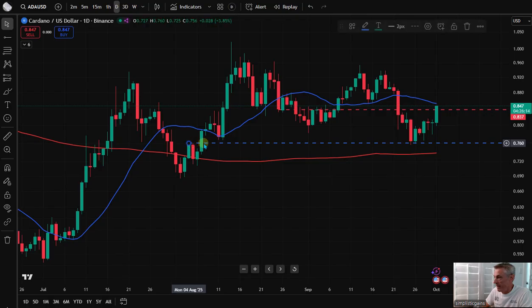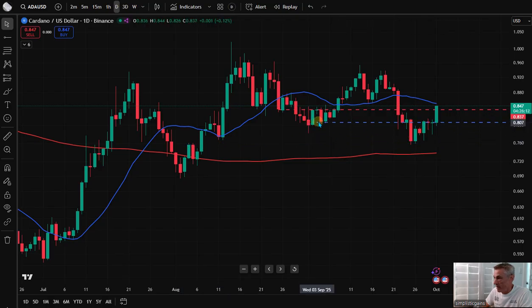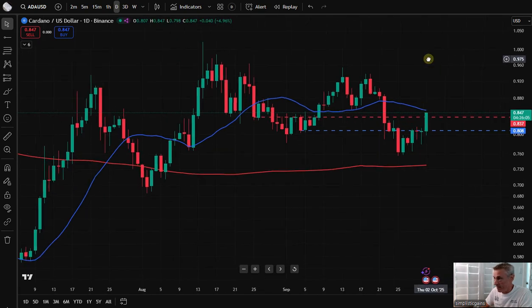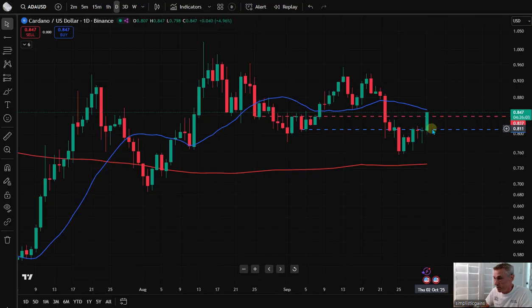We'll see how the market is tomorrow. I'm just giving you the kind of the realistic case of what normally happens in these markets. And then this blue dash line, previous support over here. See how we held, and then it became resistance on this side of the chart. So now it should be support.